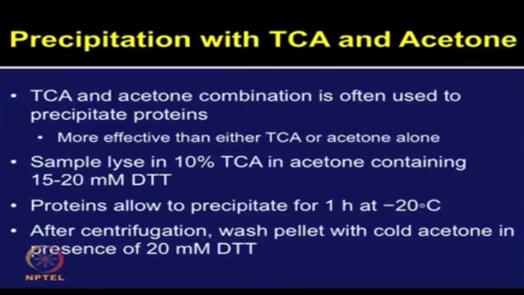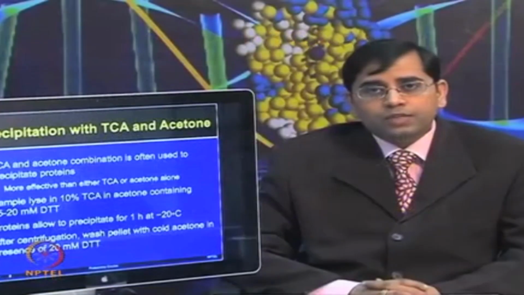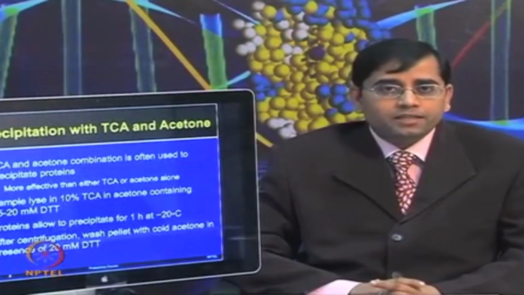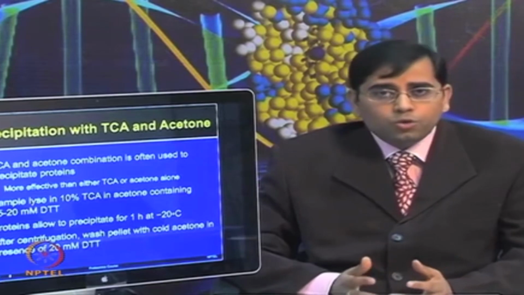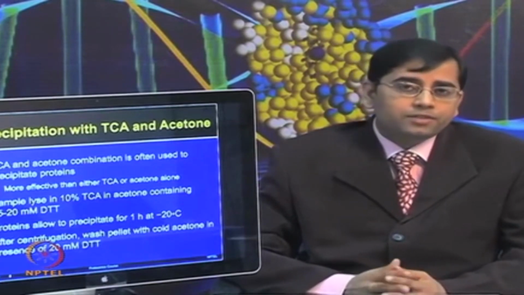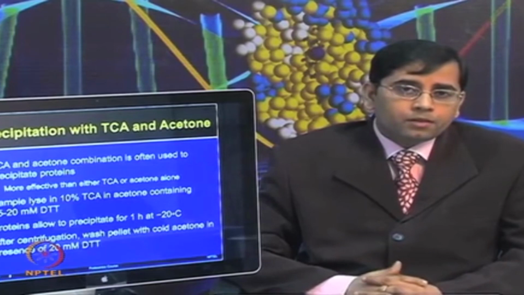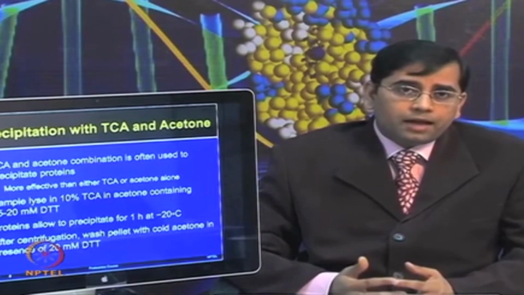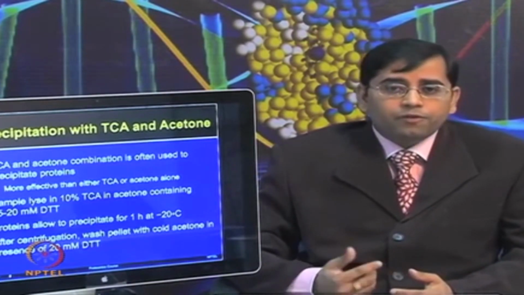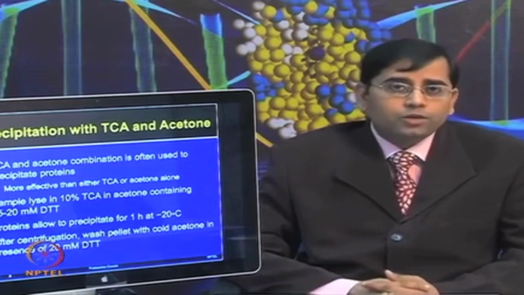So, as a recommended concentration, one can try to lyse the samples in 10% TCA made in acetone and also add 15 to 20 millimolar of DTT. Now, allow the protein samples to precipitate for an hour or 2 hours at -20 degrees, centrifuge, and the pellet can be further washed with acetone alone.